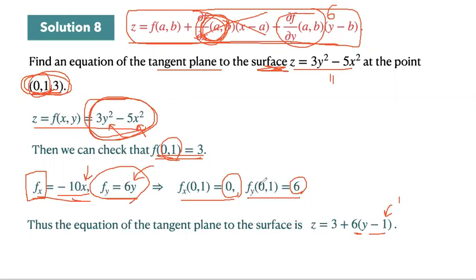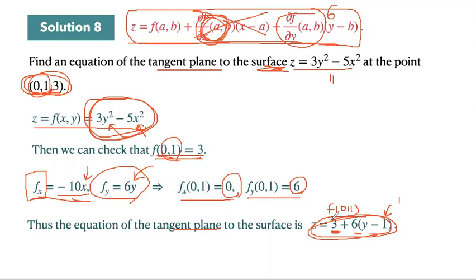And here we add f of a comma b. f of a comma b is f of 0, 1, which is 3, right? We calculated that f of 0, 1 is 3. So our tangent plane at 0, 1, 3 is given by this equation.